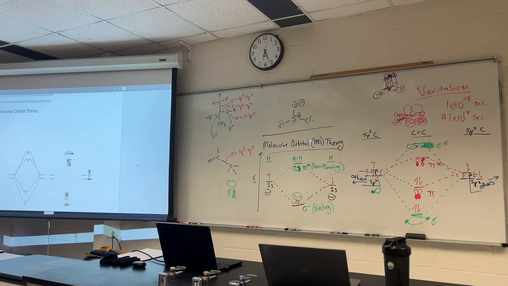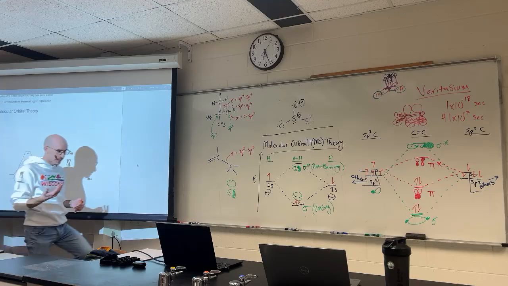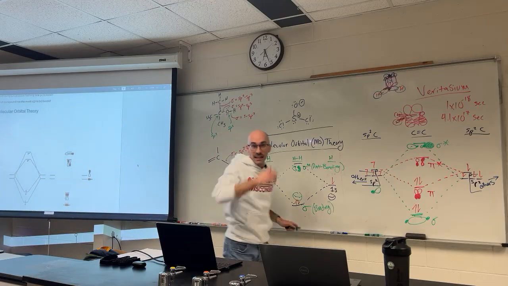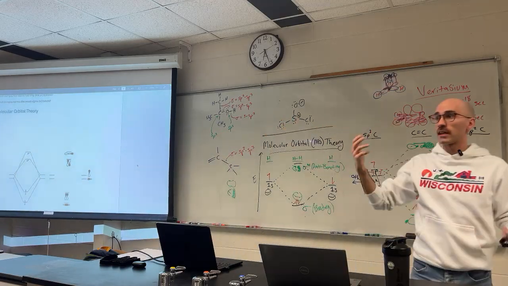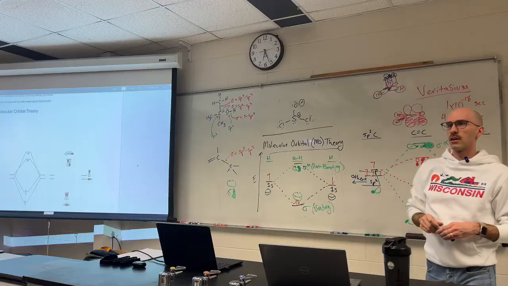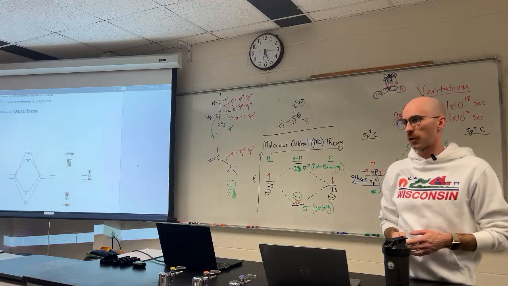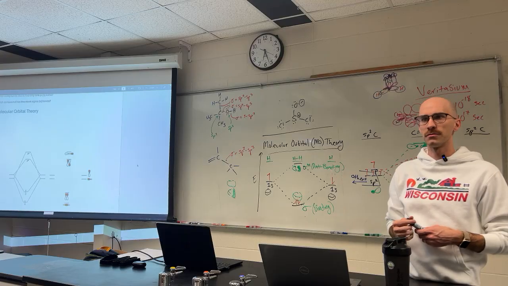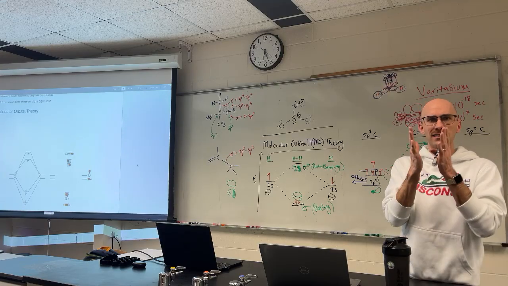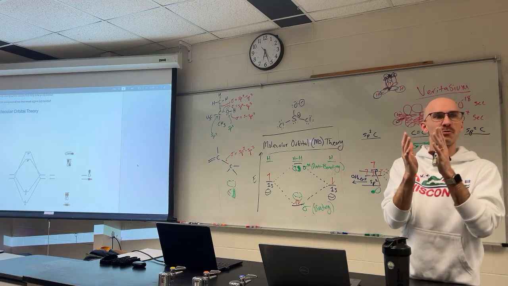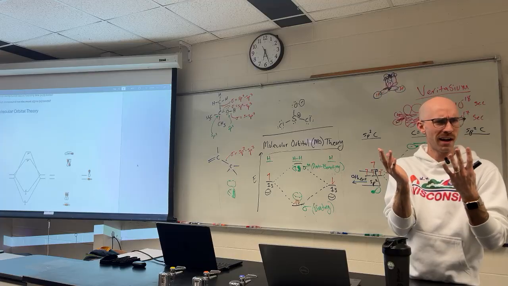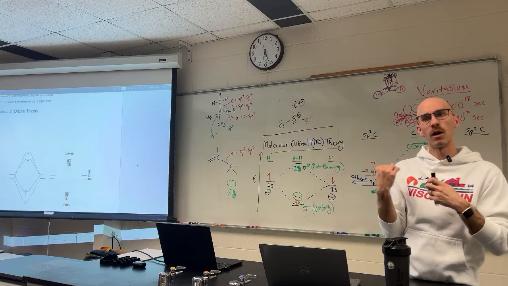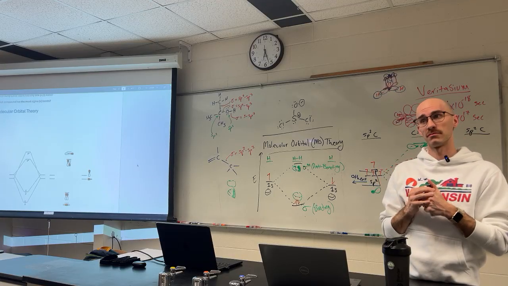Right, MO theory explains it. So let me ask you this. Looking at a Lewis structure, what's going to break first? A pi bond or a sigma bond? Is there any way to know? They're just lines. And we don't even distinguish which line is the sigma and which line is the pi. MO theory will tell you.